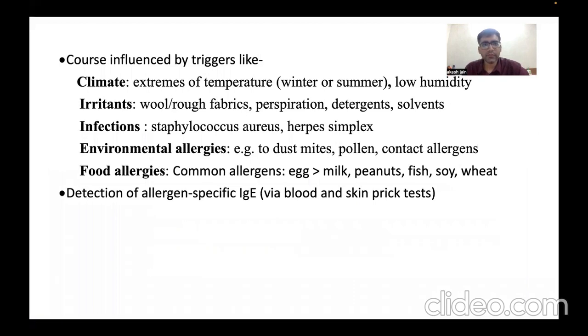So the course is influenced by triggers like climate, irritants, infections, environmental allergies, and food allergies.